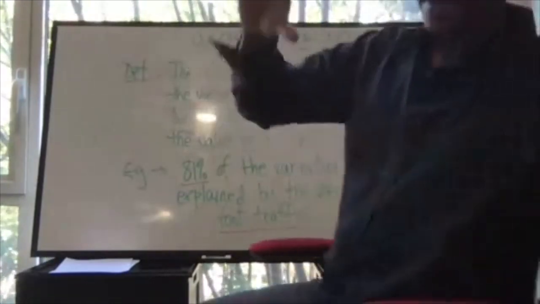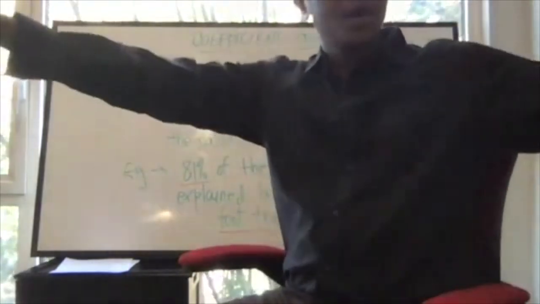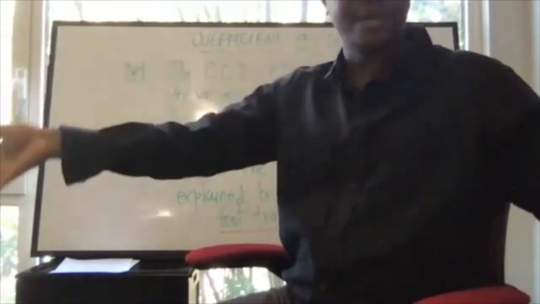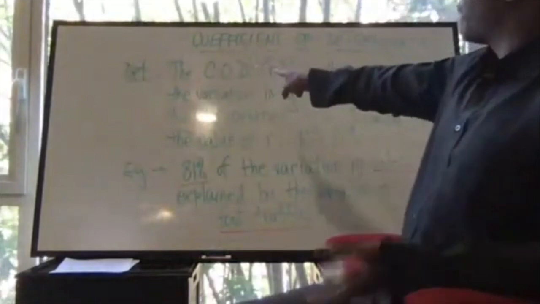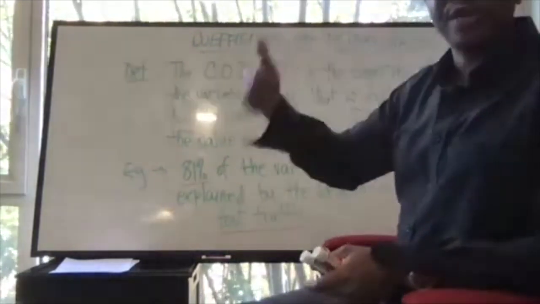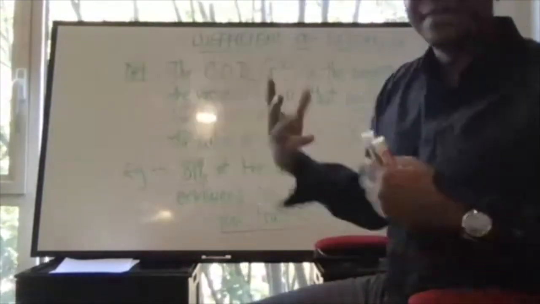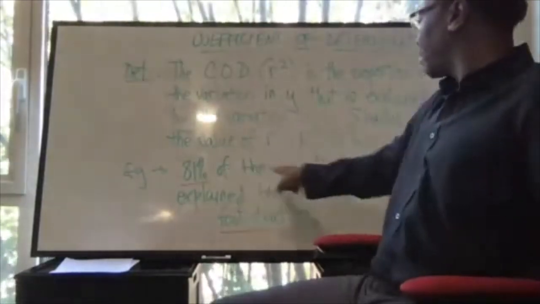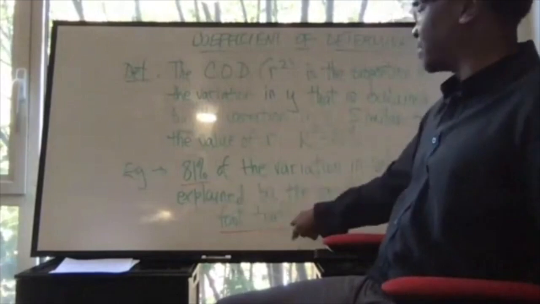So in the case of R, perfection is 1 or -1. Multiply those by 100 and move the decimal twice to the right, that's 100%. So in the world of coefficient of determination, the closer you get to 100%, the stronger that relationship is. And look here, 81% of the variation in sales is explained by foot traffic.